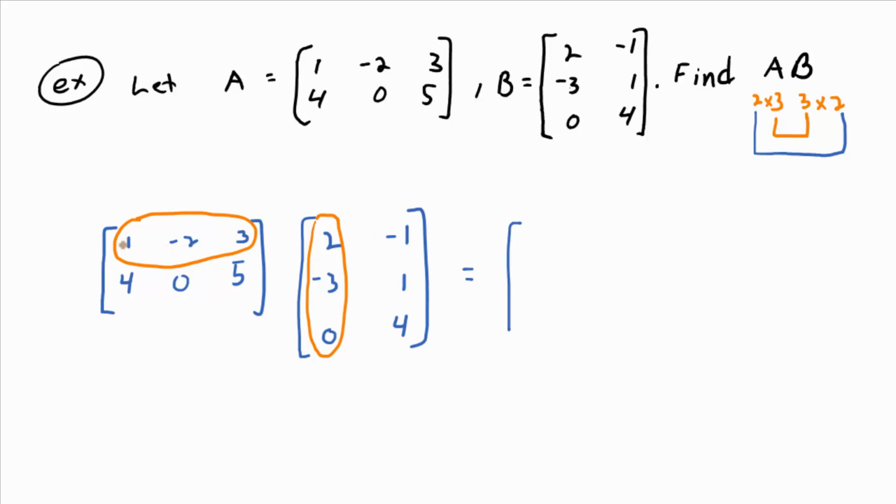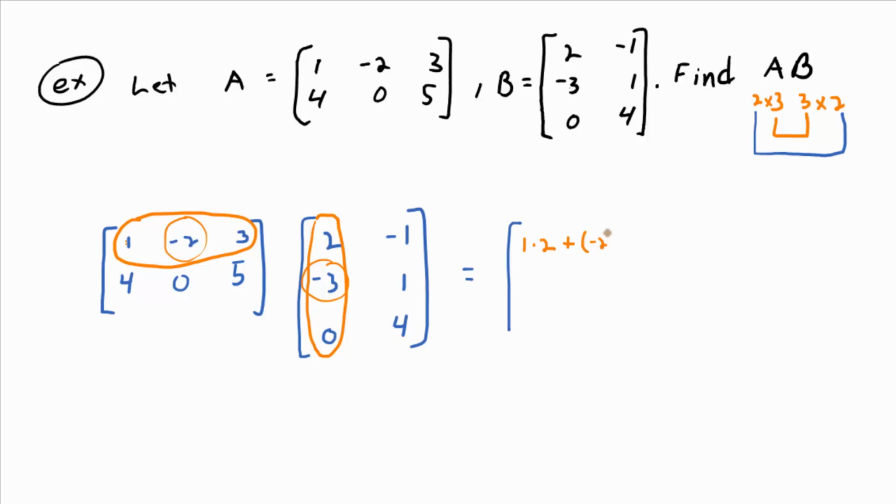Let's take the 1 times the 2. So that's 2. I'm going to write it out for now, and then to show your work later on, you're just going to write down 2, not 1 times 2. But because it's the first example of 2 non-row or column matrices multiplied together, I want to show that. So 1 times 2, and then you're going to add in negative 2 times negative 3.